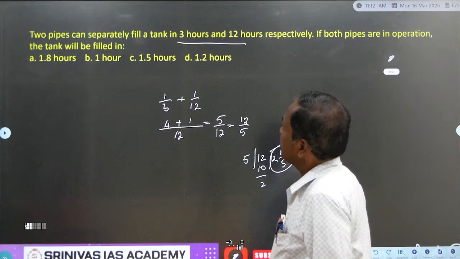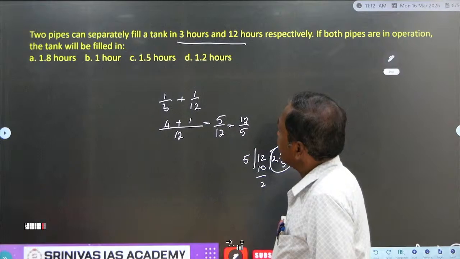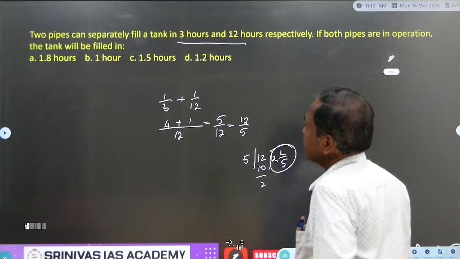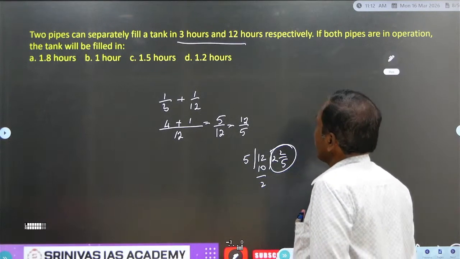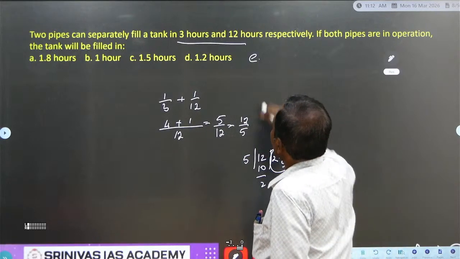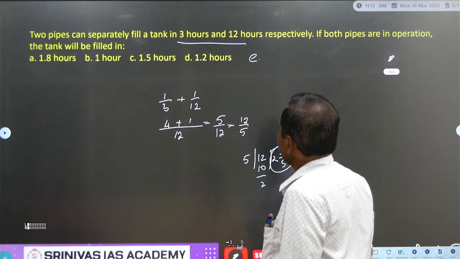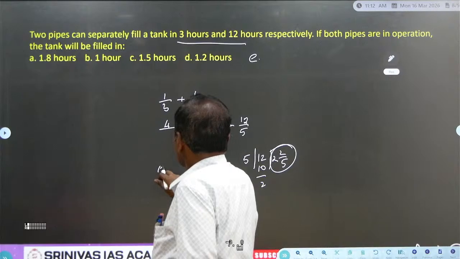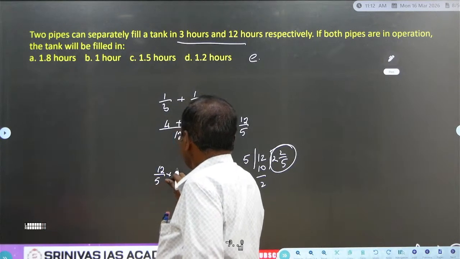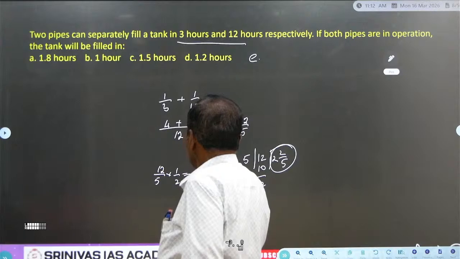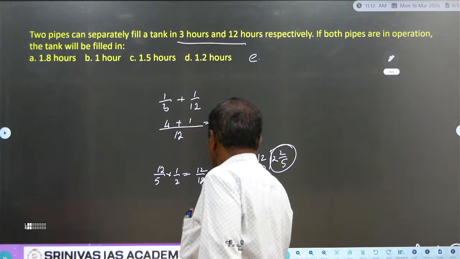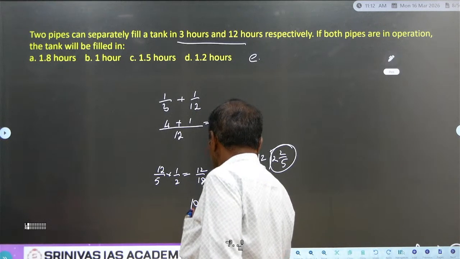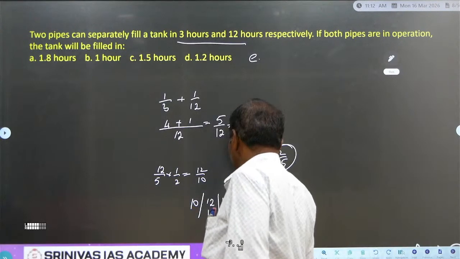So options are, I think I don't see. 2 pipes can separately fill a tank in 3 hours. Both the pipes are in operation, the tank will be filled in. That is right. Anyway, you can create one more option and write. Maybe that is half tank. 12/5 into of, it means 12/10, 2/5.